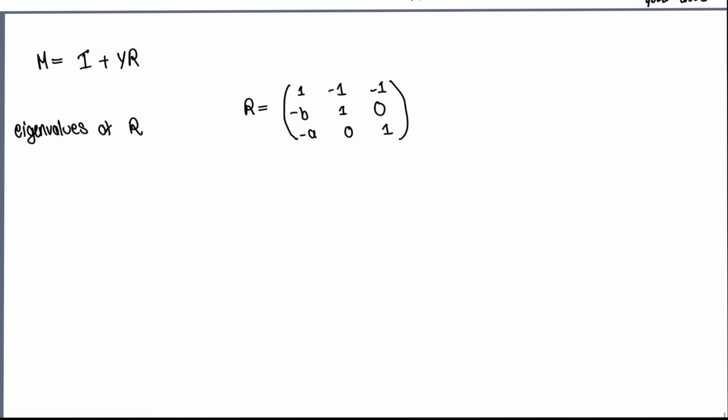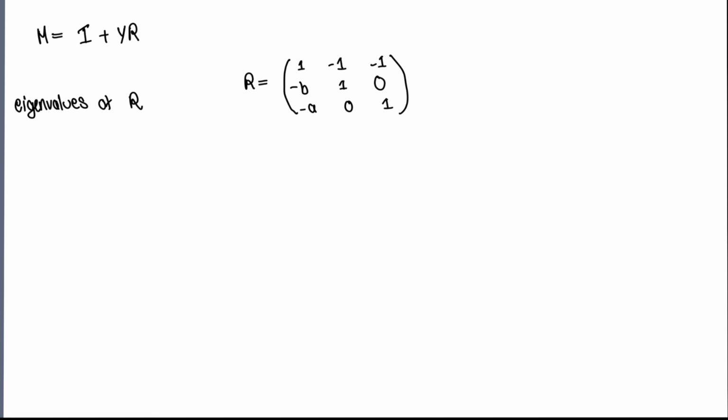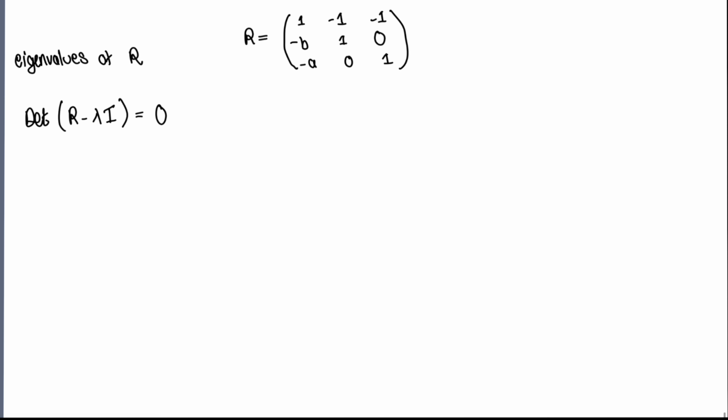Okay, so we're going to be finding the eigenvalues of R. To do that we are going to be working out the characteristic equation and equating it to 0. To work out the characteristic equation we do the determinant of R minus lambda I.